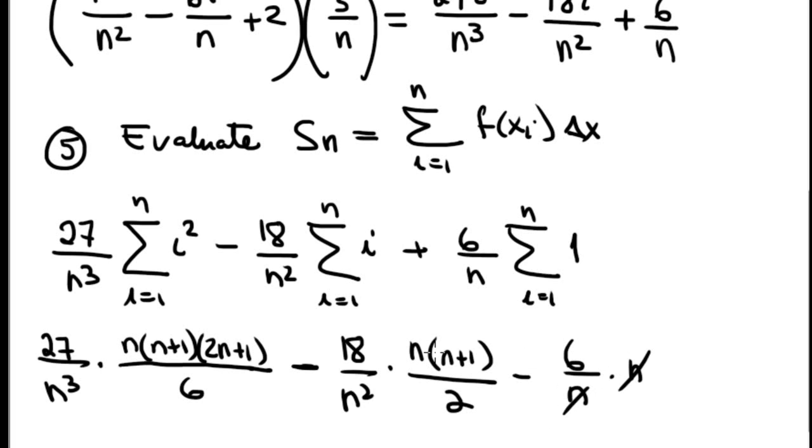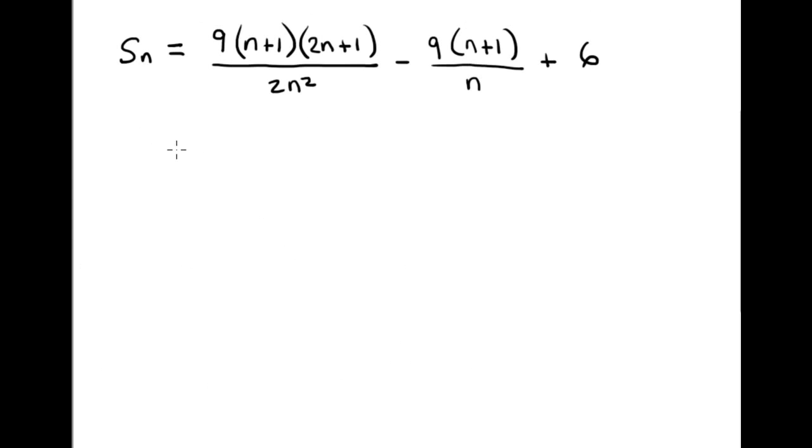Let's cancel this part, this part, and this part. Reduce to the lowest terms: divided by 3 is 9, divided by 2 is 1, divided by 2 is 9. So far, after the simplification, we have S sub n equal to this expression.